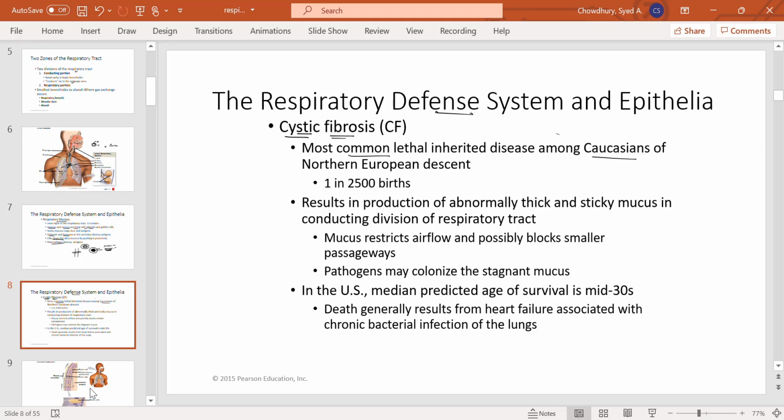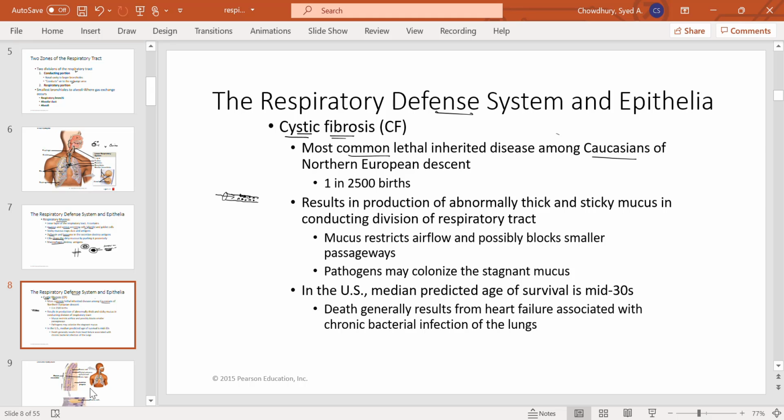What happens in cystic fibrosis is that the secretion from the mucous membrane is very thick and very sticky, like glue. So that secretion cannot be cleared by the cilia. The secretion would block the small respiratory tracts.